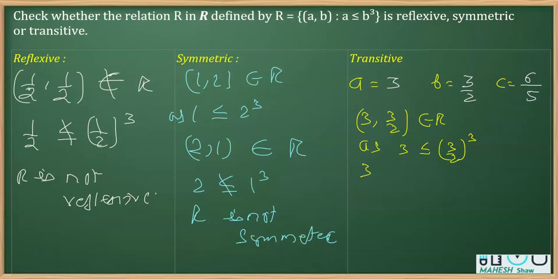Now, (b, c) also belongs to R, where b is 3/2 and c is 6/5.